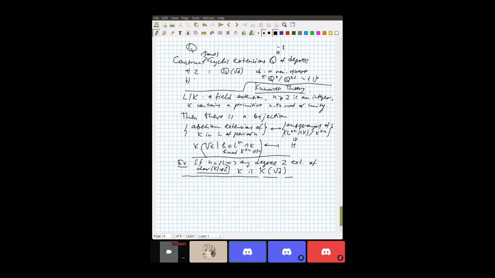And what happens if we are looking for cyclic extensions of degree 3? Can you construct this?